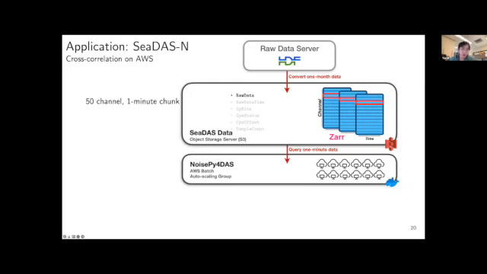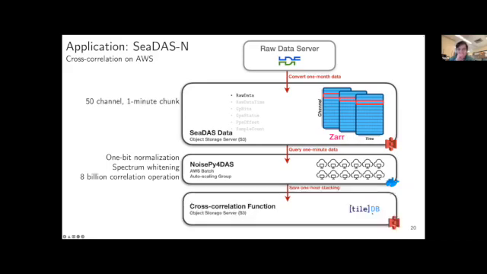Each small job will request 3 to 8 hours of DAS data from the S3 bucket, perform correlation, and write the hourly stacked cross-correlation function back directly to another S3 bucket. So there are a total of 8 billion cross-correlations being performed within 4 hours. And note that we made no data copy to the instance.